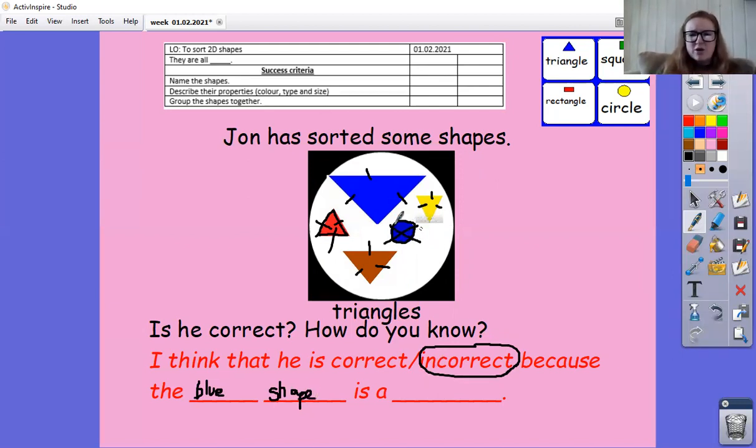Shout it out if you know. What shape is this blue one? It is a circle. It is not a triangle, it is a circle. I think he is incorrect because the blue shape is a circle.